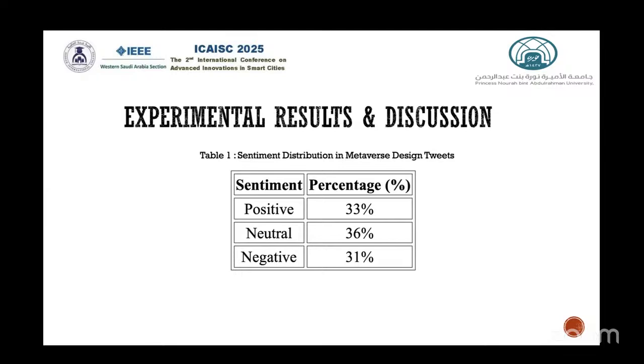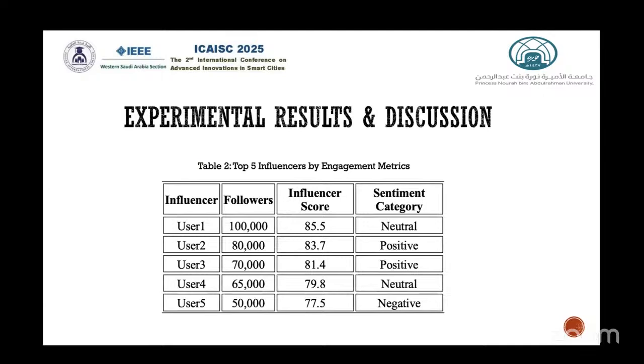So we can see it has good variation and good distribution for each one. And for the influence of followers, we have 3 scenarios: 100 followers up to 50,000 followers. So we can get the sentiment category based on that, and we can discuss that based on our model.